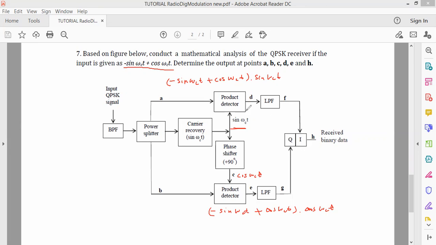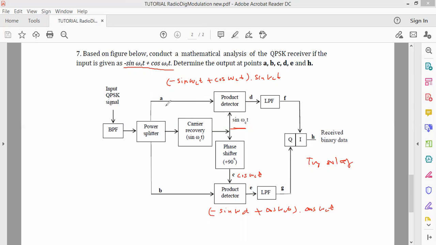And then get the answer. So minus sine. This is, okay. Try to solve. Okay. If you solve, you should get the answer.